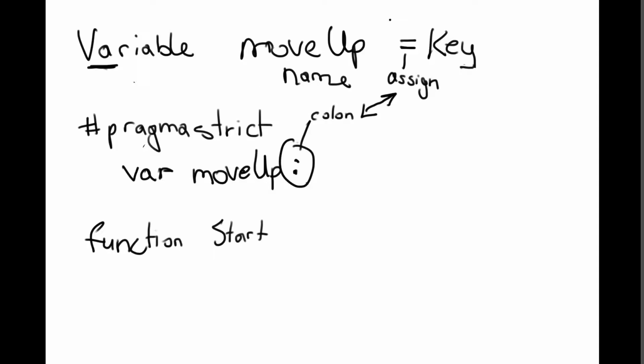So we're going to assign the variable move up to be a key code, and we will end this line of code, which is called a statement, by using a semicolon, and that ends our statement. And I'll just erase this stuff.